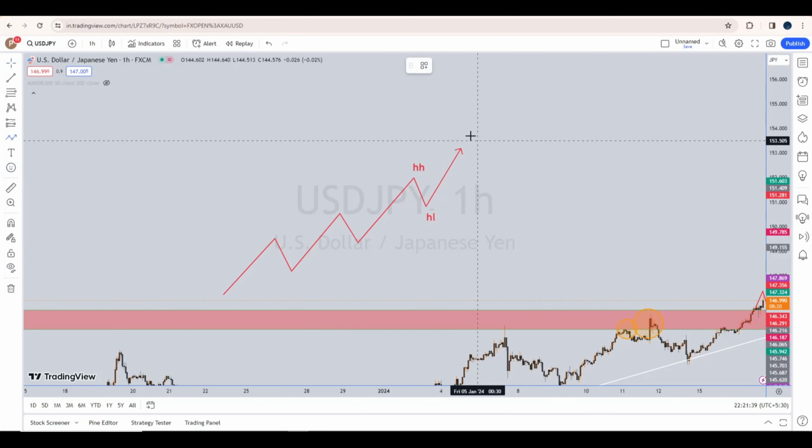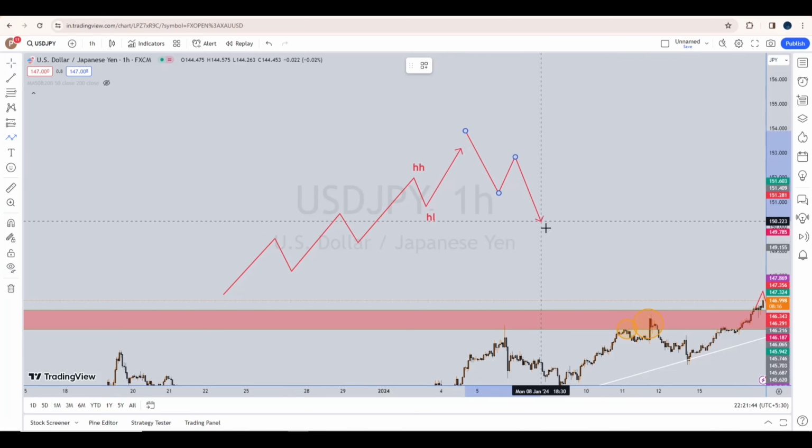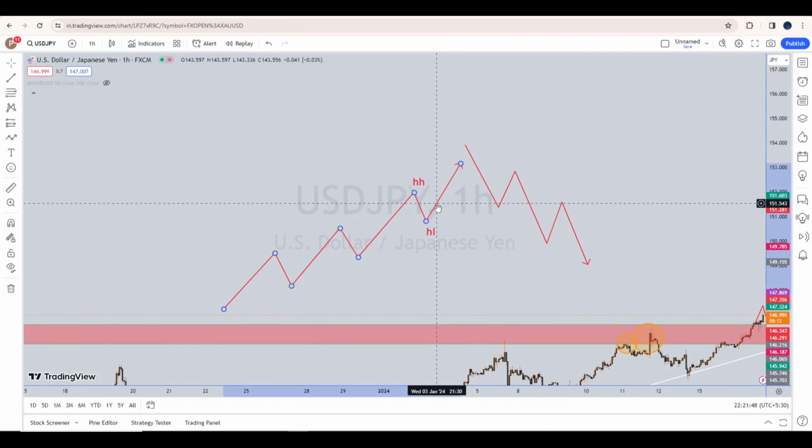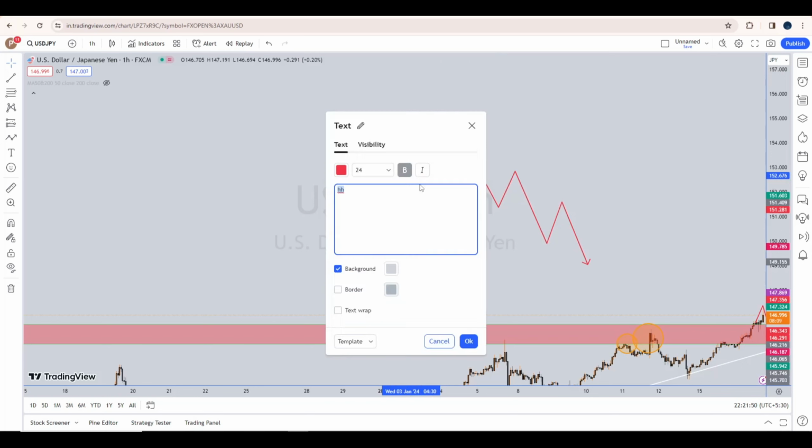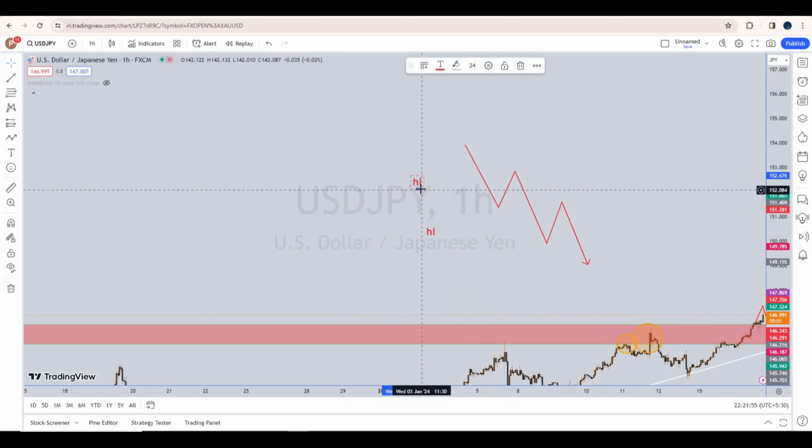And for the downtrend, as you can see, the price goes down, takes a rejection, takes a resistance and comes down again, same pattern. So in a downtrend it is lower high and lower low.